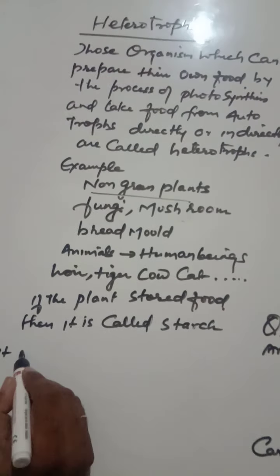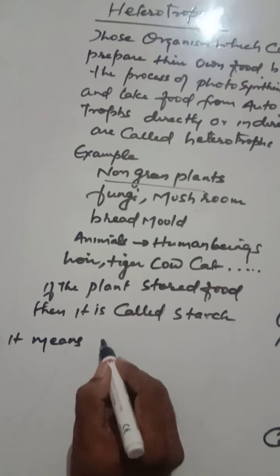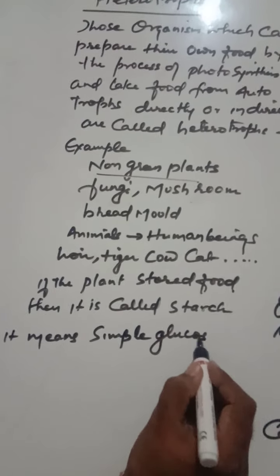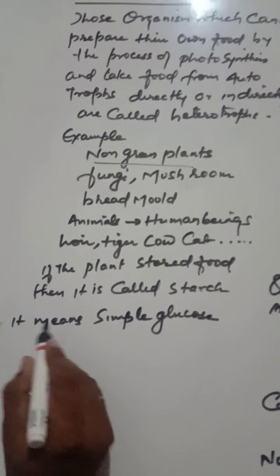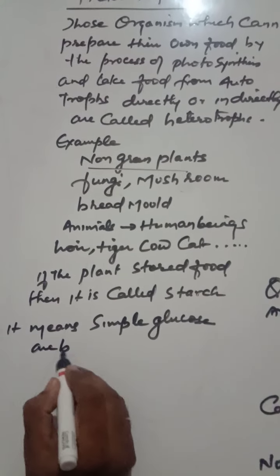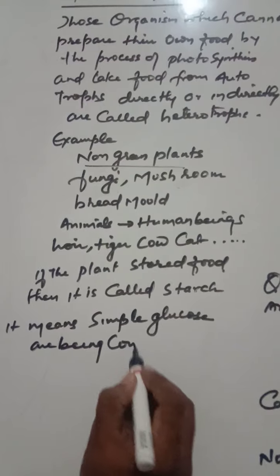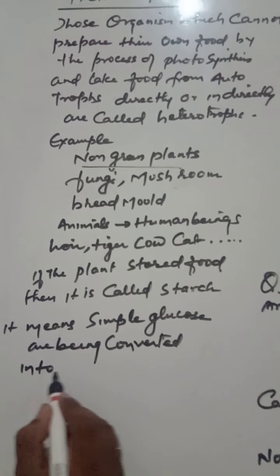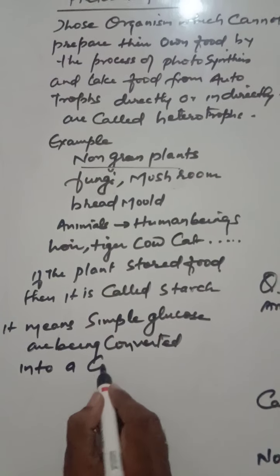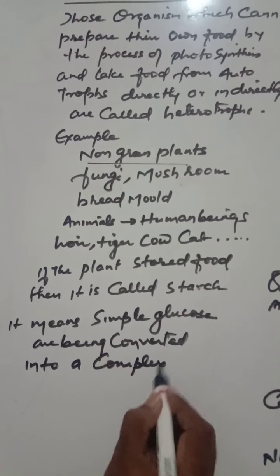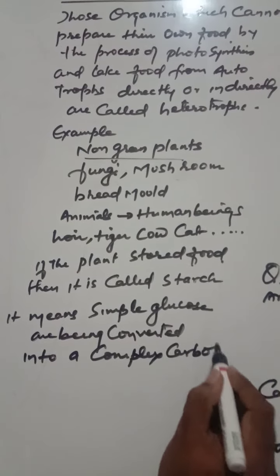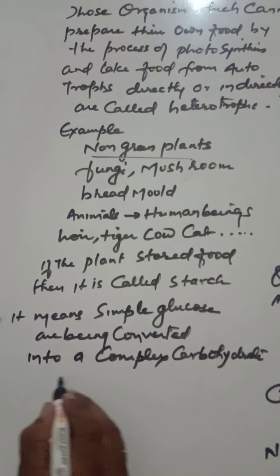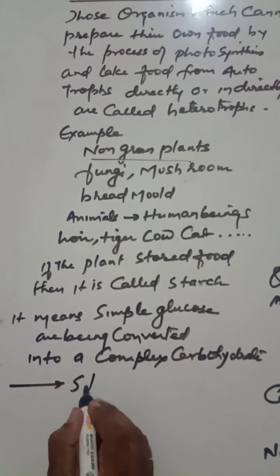It means simple glucose is converted into a complex carbohydrate. Glucose is a form of carbohydrate and the stored form is referred to as starch.